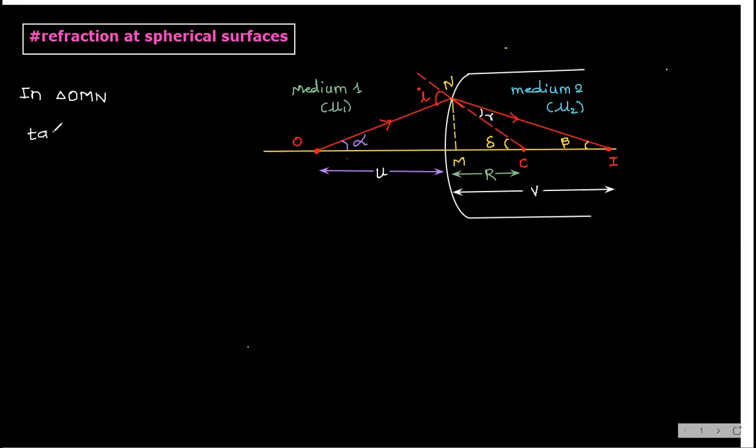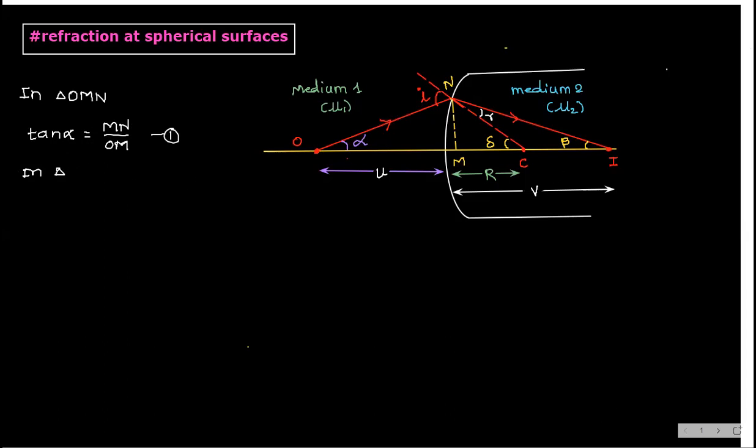See here, tan alpha is equal to opposite by adjacent. So we are getting MN divided by OM. I consider this as equation 1, right?